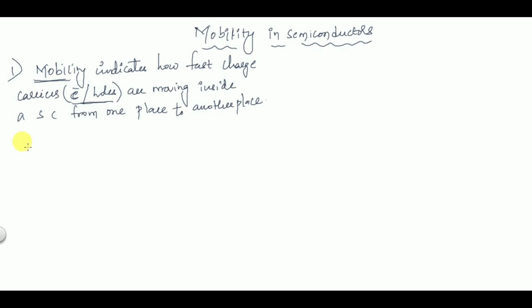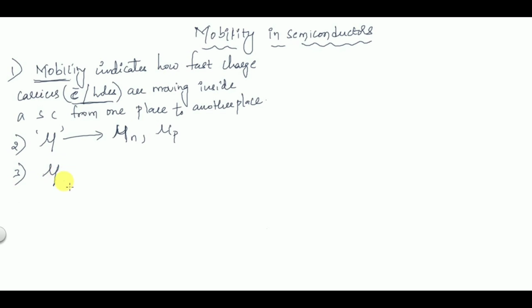Okay, so second point is what is the formula for mobility or representation of mobility. So mobility is represented by mu. If it is for electrons, we'll represent with mu n. If it is for holes, we'll represent with mu p. Third, after representation, formula. So what is the formula for mobility?